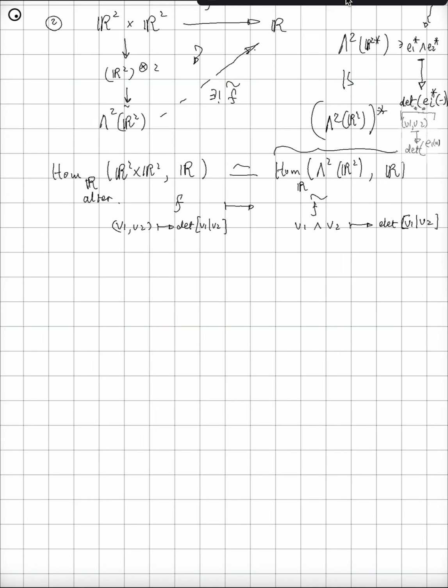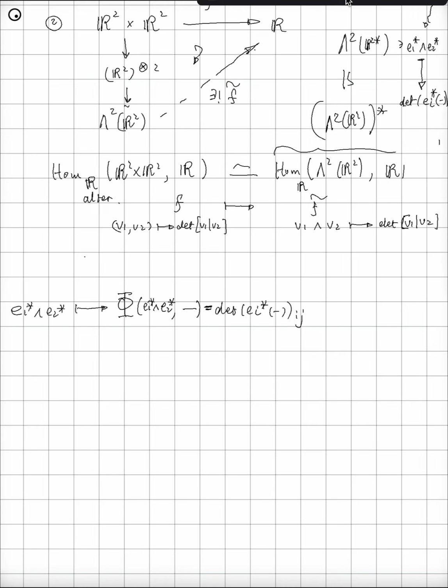So let me just write it more. So that determinant of Ei star, j, this is phi of E1 star wedge E2 star. And this is the image of E1 star wedge E2 star.